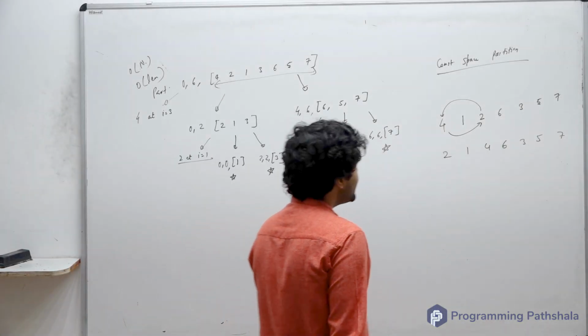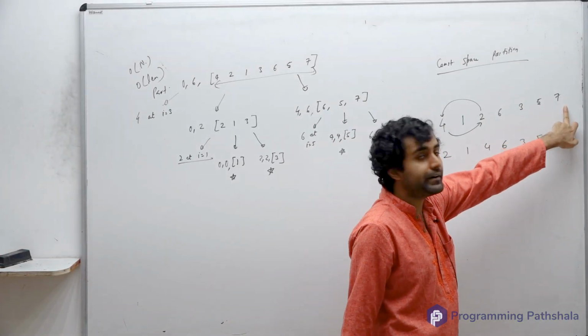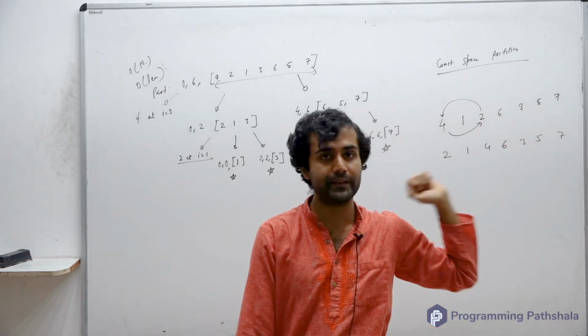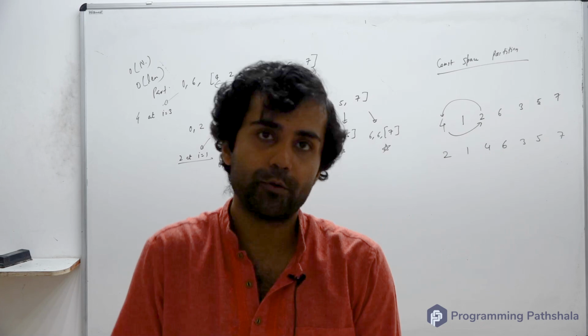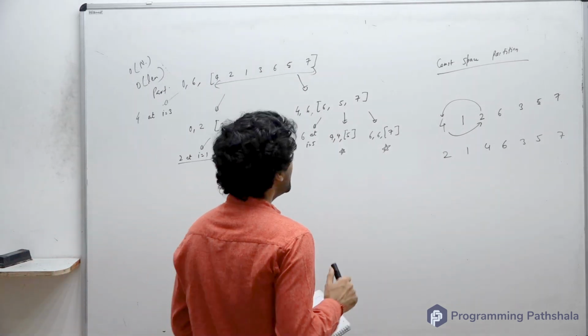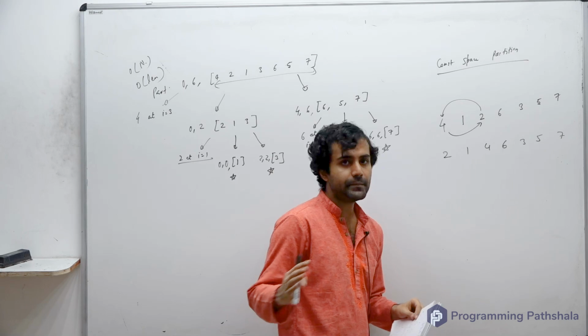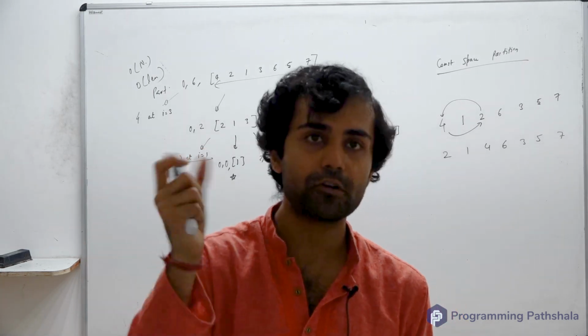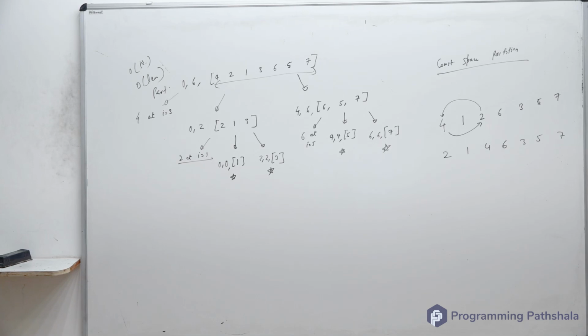If somebody asks you to pick the last element as pivot, you can just swap the last element with the first element, and then apply your regular algorithm. So picking a random pivot is not something to worry about, because that is just a matter of swap, which is common sense and nothing else. But the most important thing is how do I partition it without using any extra space?